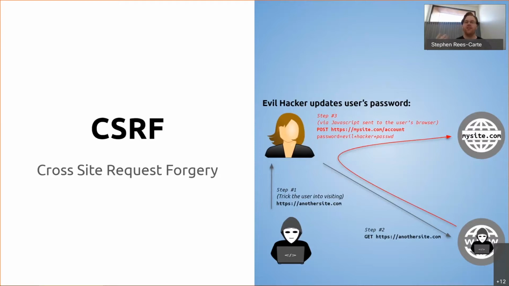And now the server receives this request from the user, the post request to mysite.com/account with the different password. And the browser has helpfully added the user's cookies on there because it knows mysite.com. And it says, okay, this is a request to mysite.com. I know this site. I have cookies, and it attaches the cookies. So the request hits mysite.com. Mysite.com says, fantastic. I'm going to update the password because you've told me so.